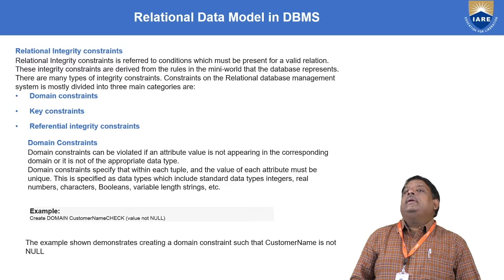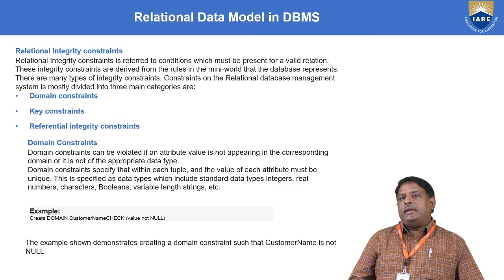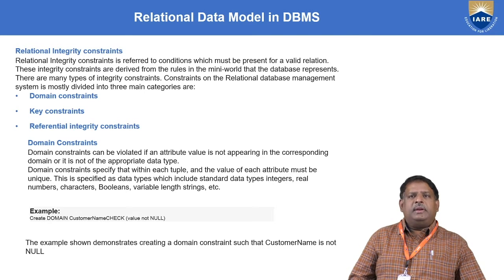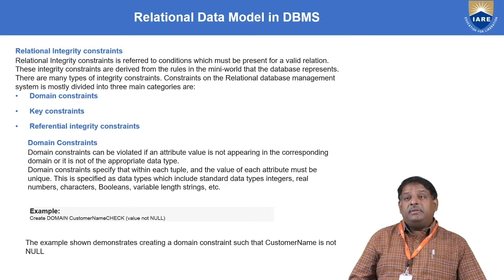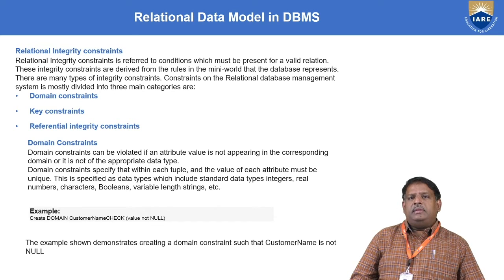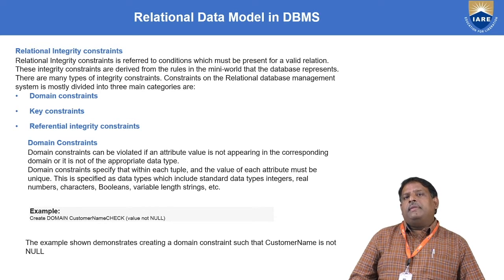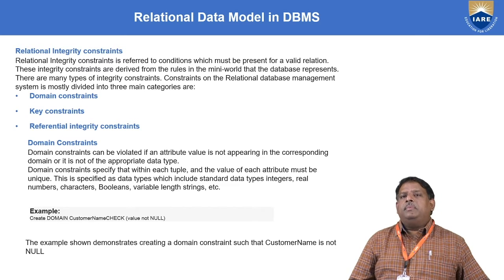There are many types of integrity constraints, but the constraints on the relational database management system consist of 3 main categories. One is the domain constraint, the second is the key constraint, and the third is the referential integrity constraint. Let us see each one of them in detail.